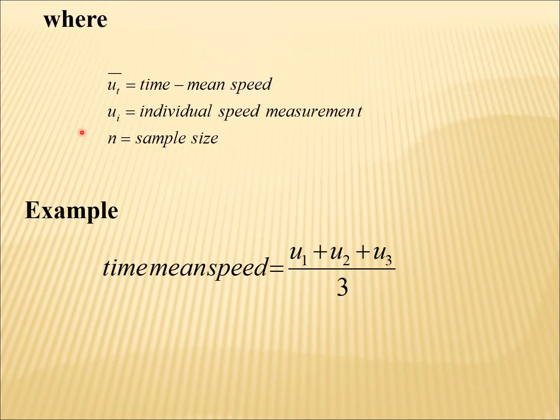Here u sub t bar is the time mean speed, u sub i is the individual speed measurement, and n means the sample size, that means number of vehicles. Let's say there are three vehicles which are moving with the speeds u1, u2 and u3 respectively. Just add all these speeds of three vehicles and divide by the total number of vehicles, which is 3 in this example. This will give you the time mean speed.